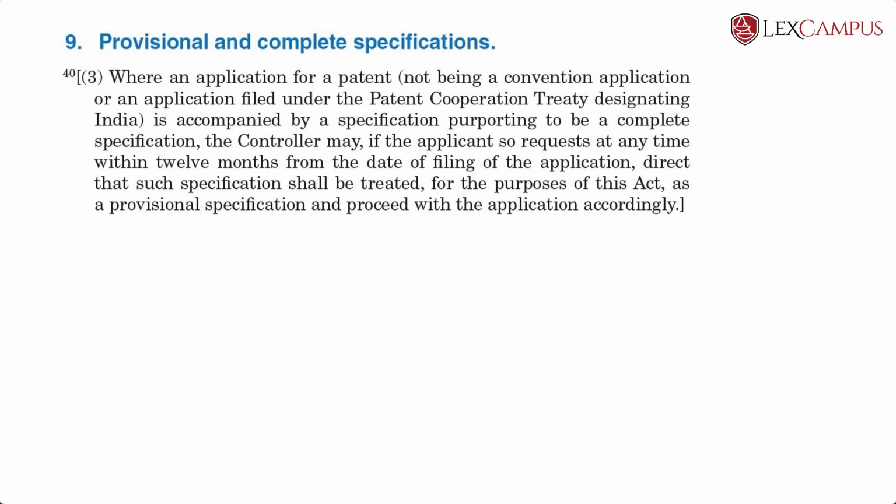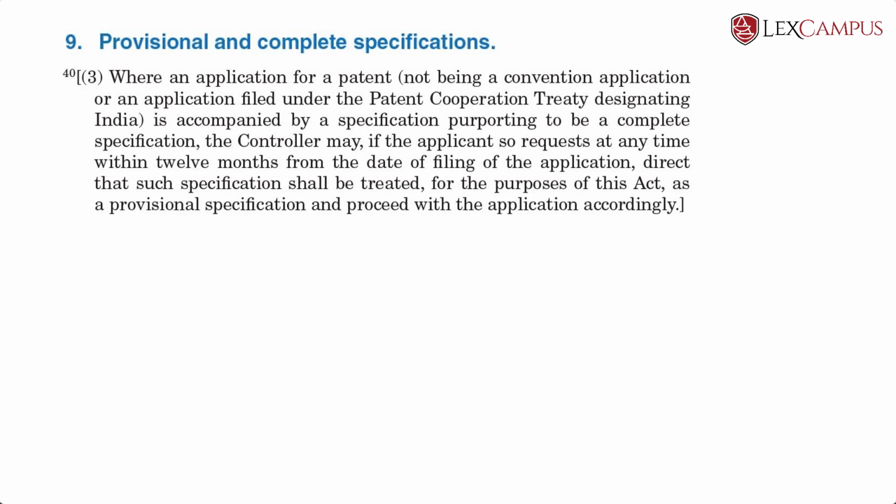You want the controller to downgrade what you purported to be a complete into a provisional. The controller can do that, provided you do it within the 12-month period.